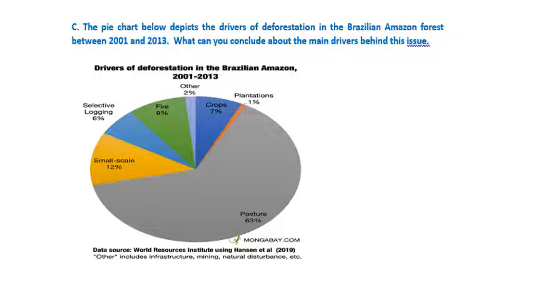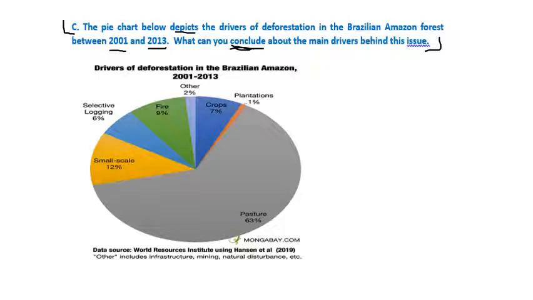There is a specific way which we talked about a lot. Now, first of all, we take a look at the question. The pie chart below depicts or shows the drivers of deforestation in the Brazilian Amazon forest between 2001 and 2013. What can you conclude about the main drivers behind this issue? Meaning Amazon depletion.